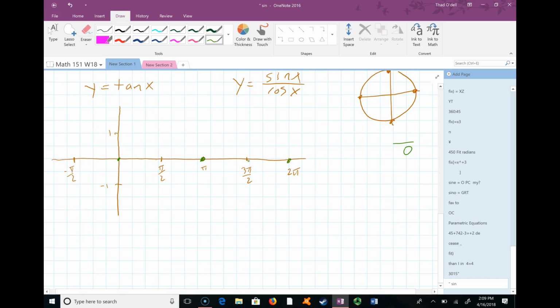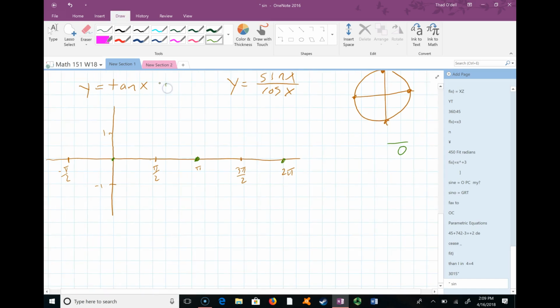What happens when we get undefined? We have a vertical asymptote. So I have a vertical asymptote at pi over 2, negative pi over 2, 3 pi over 2, all the odd multiples of pi over 2. Okay, so this is beginning to look interesting. So we have a 0 here and an asymptote there.